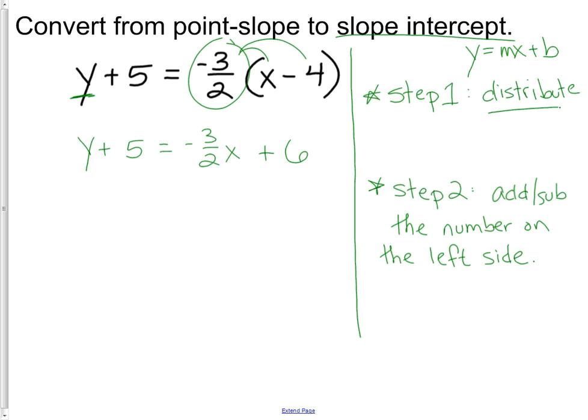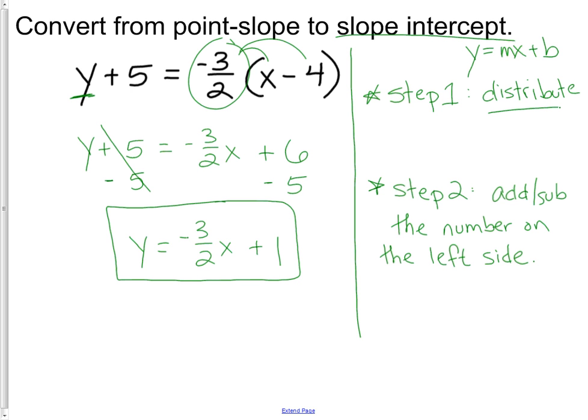We're going to get y by itself, so we have this plus 5. Just like with solving an equation, we're going to do the opposite. Okay, we have to make sure we subtract it from its like term. Plus 5 and negative 5 cancel out. We have y equals negative 3/2 x. Positive 6, excuse me, minus 5 gives us a positive 1. And there's our answer.